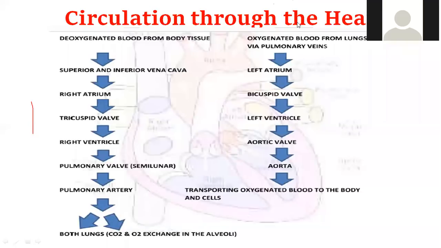So the circulation through the heart: you remember I told you, you have the right side of the heart and the left side of the heart. And remember it's a form of a cycle. After oxygenation, the deoxygenated blood, that is blood that is low in oxygen, is deposited into the right atrium by the inferior and superior vena cava.